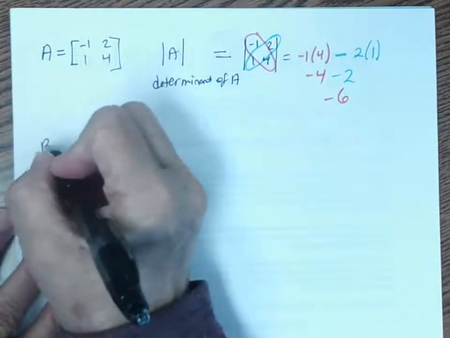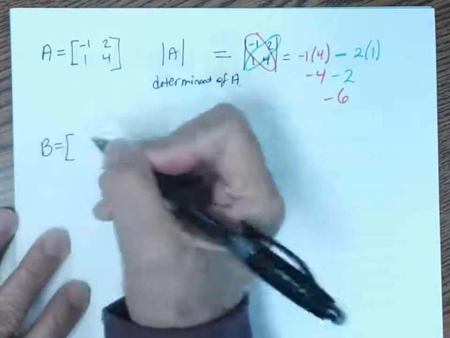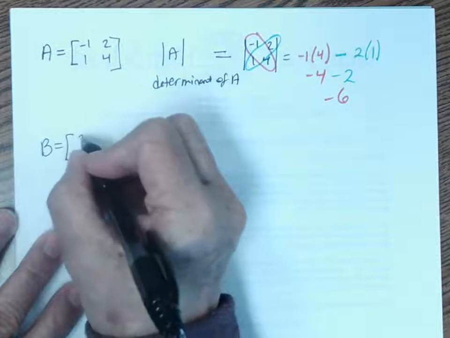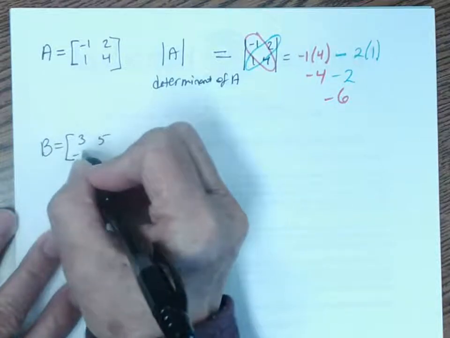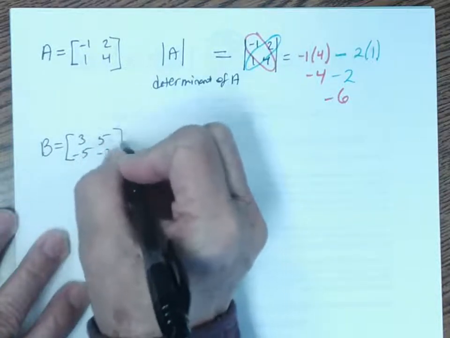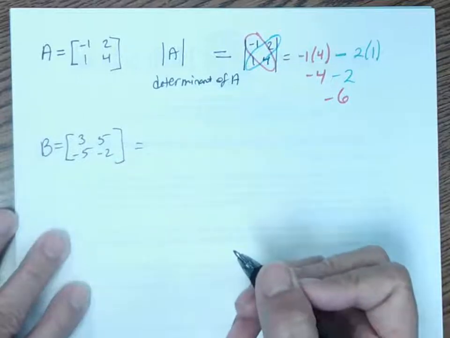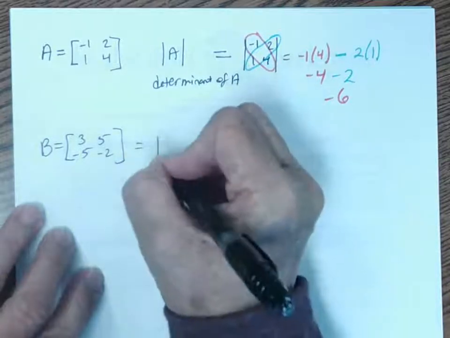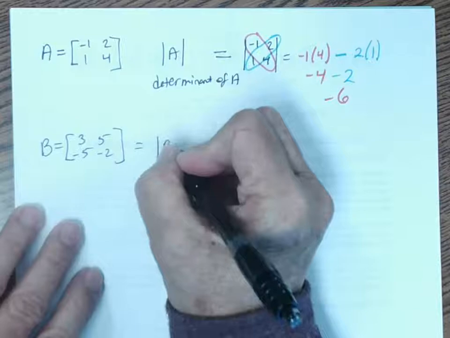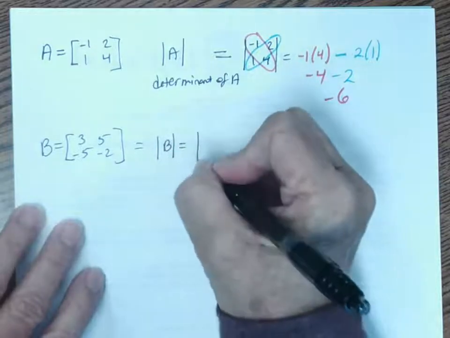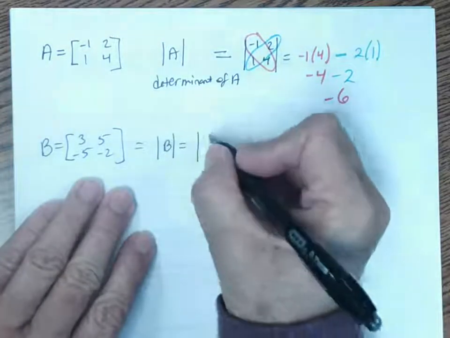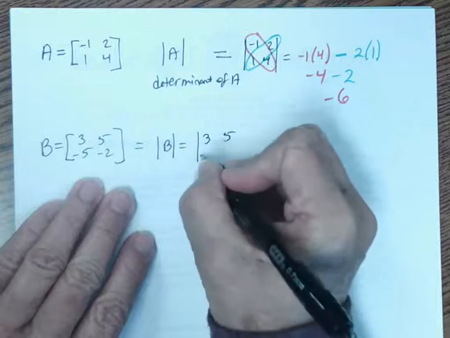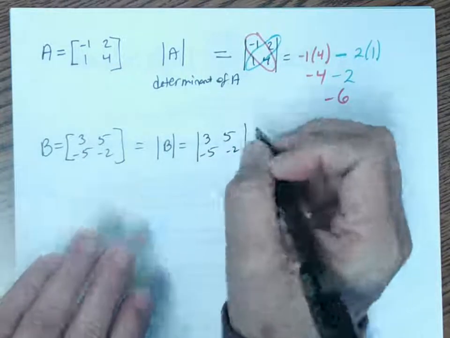Let's have matrix B here. And matrix B I'm going to define as 3, 5, -5, -2. So there's my matrix. I want to find the determinant of B. So the determinant, I'm going to take these values, 3, 5, -5, -2.